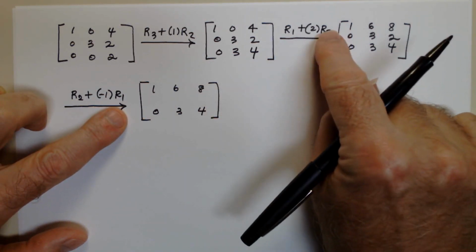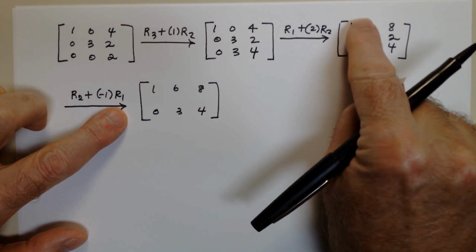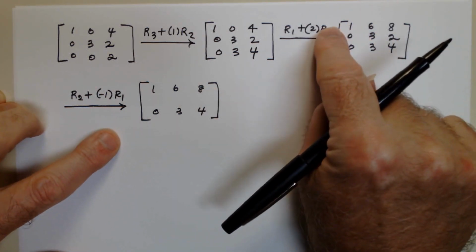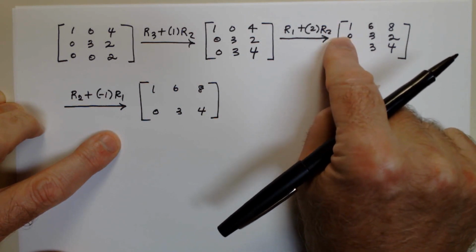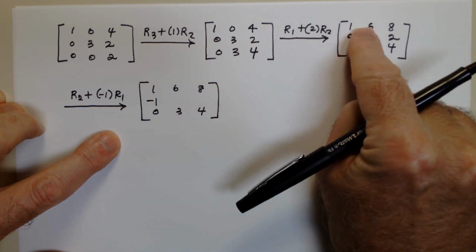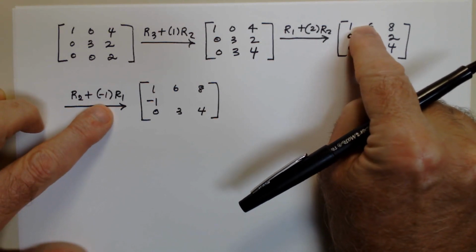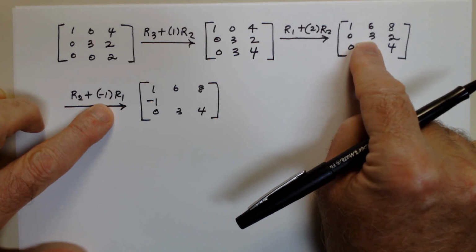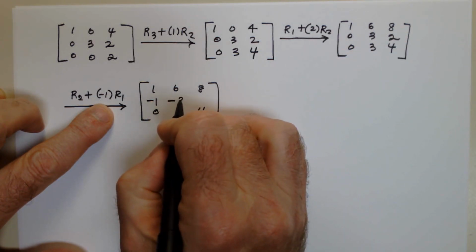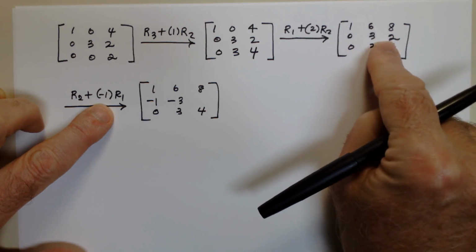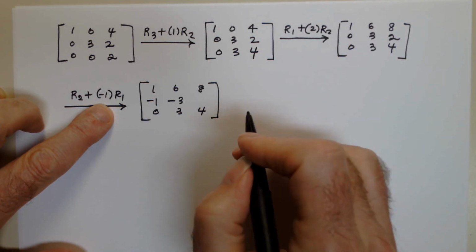I'm multiplying by negative 1 and then adding down onto row 2. So negative 1 times 1 is negative 1. Added onto the 0 gives me a negative 1 here. I get a negative 6, and I add that on to the 3. That's going to give me a negative 3. Then I'll have a negative 8, added onto the 2 is going to give me a negative 6.